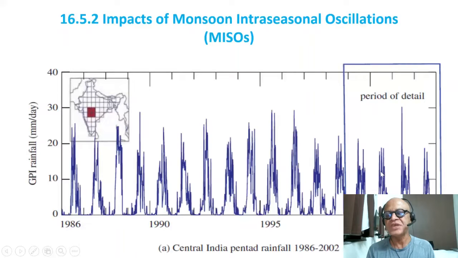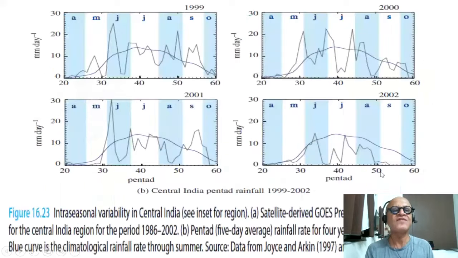And if you zoom in, it becomes fairly obvious looking at 99, 2000, 2001, and 2002. This is an El Nino year as well. These were La Nina years. The blue line here is the long-term climatology, which is the same line in each of these plots. And then these are annual subseasonal variabilities in each year.